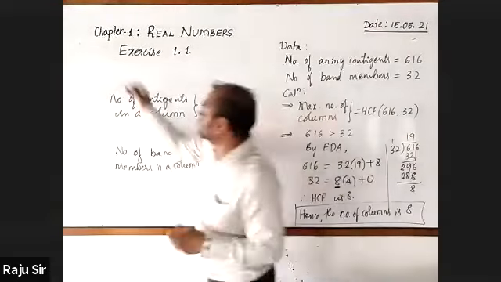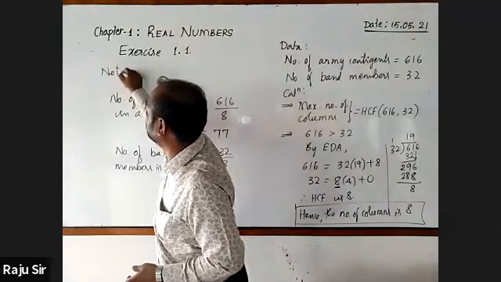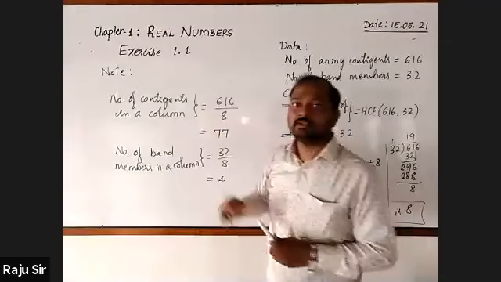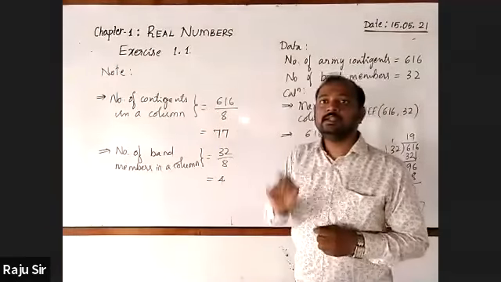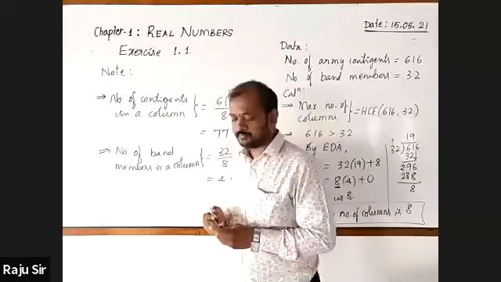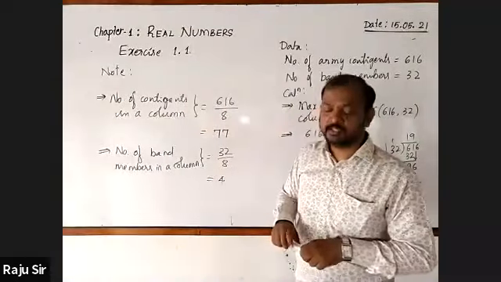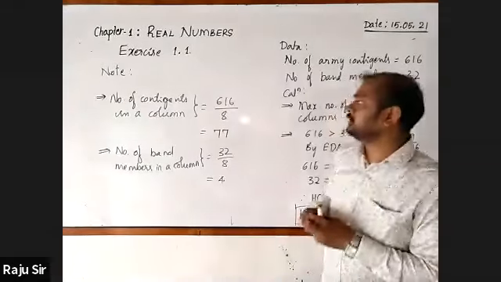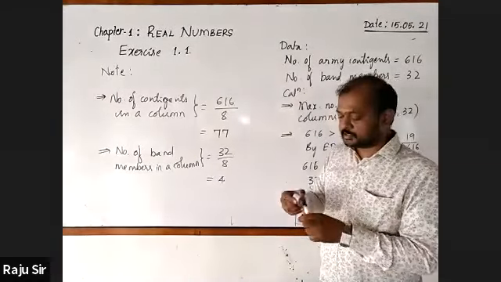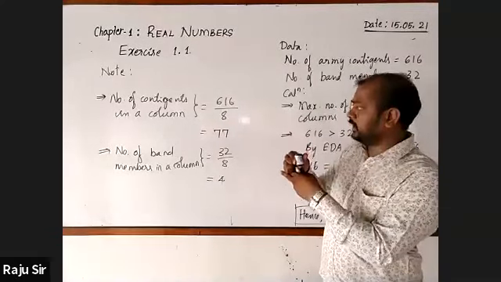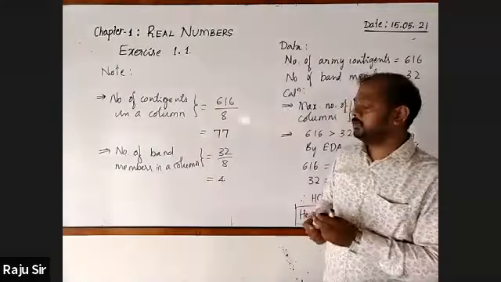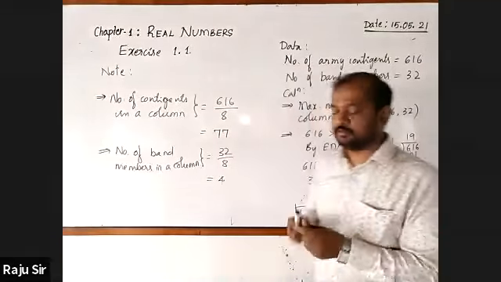Dear students, do one thing, just write this information in your note. Write both the points. Number of contingents in each column is equal to 616 by 8, which is equal to 77.